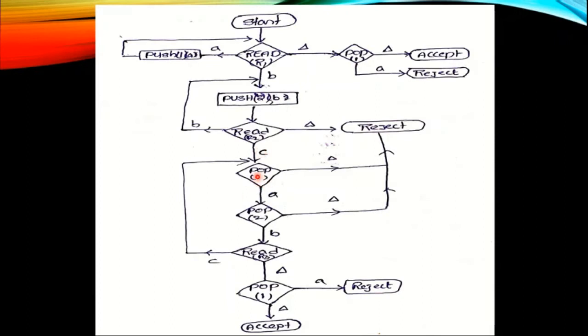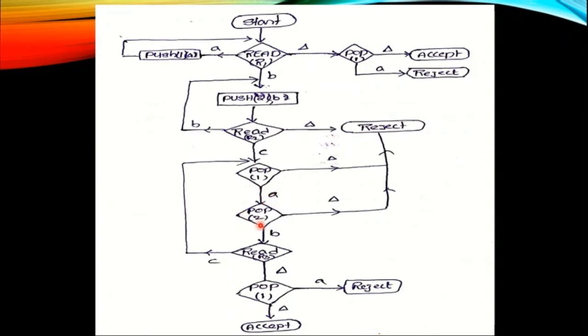So here we mention pop 1. It indicates performing the pop operation on stack 1. Within braces we mention the stack number, stack 1. Which symbol will be popped from stack 1? A will be popped, so that is mentioned here.